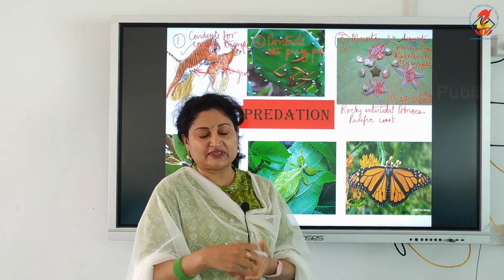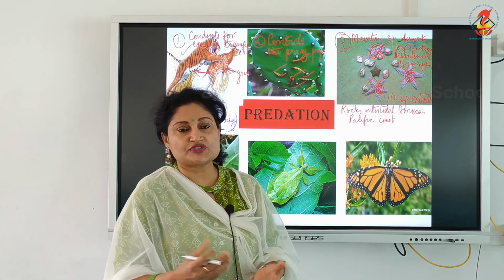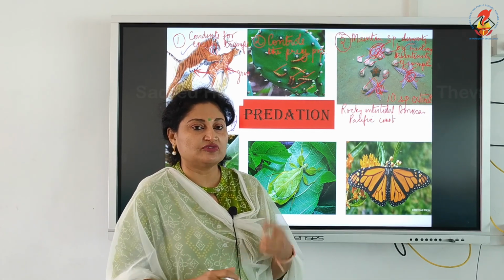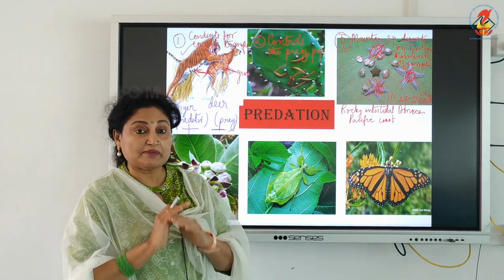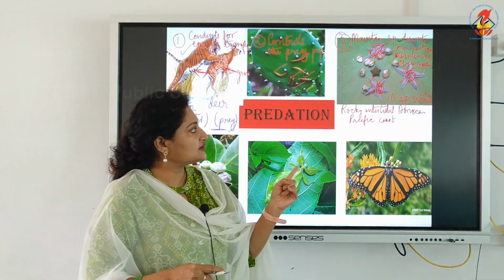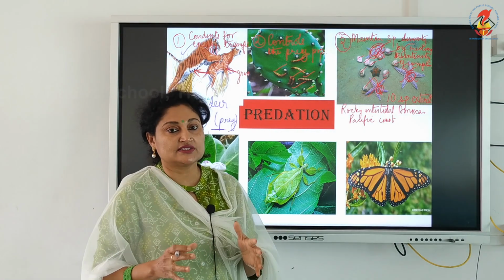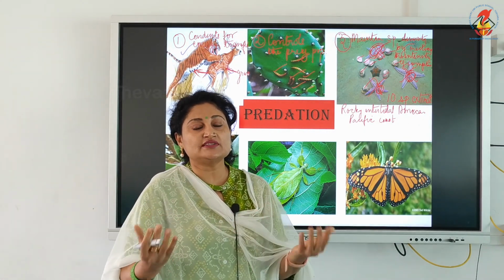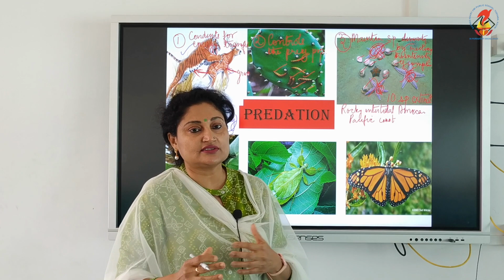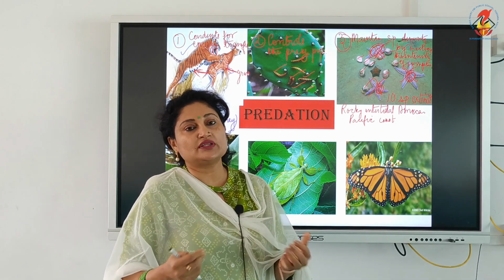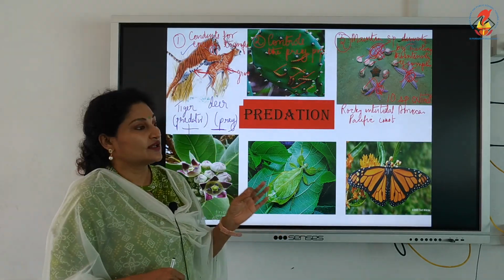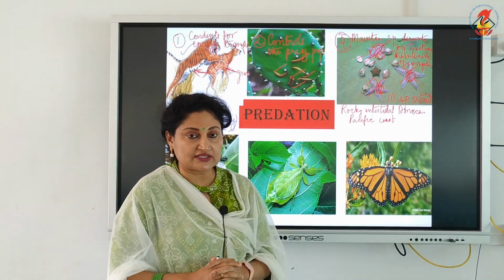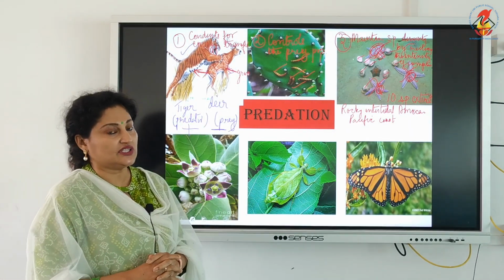All the starfish were removed and it was observed, and it was found that within a year, nearly 10 species of the invertebrates became extinct. So this indicates that predation is very important to maintain the species diversity, so that the competition between the invertebrates decreases. I hope you have understood the 3 functions, advantages of predation in the ecosystem.